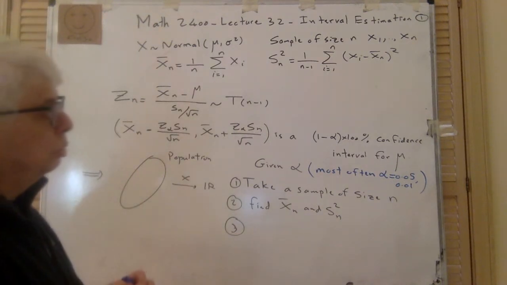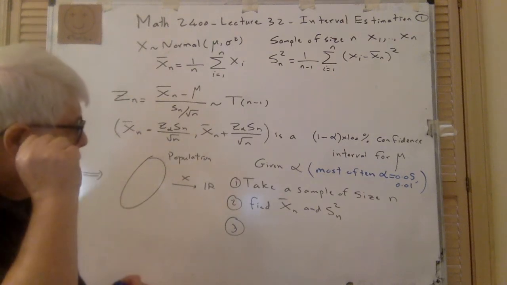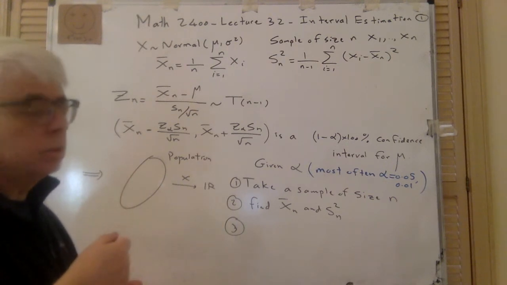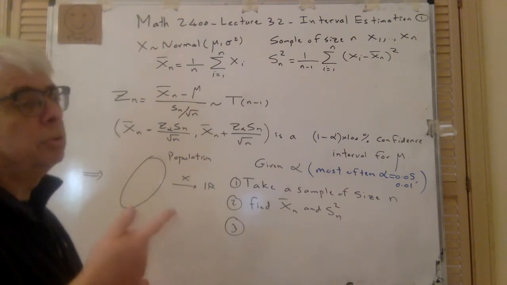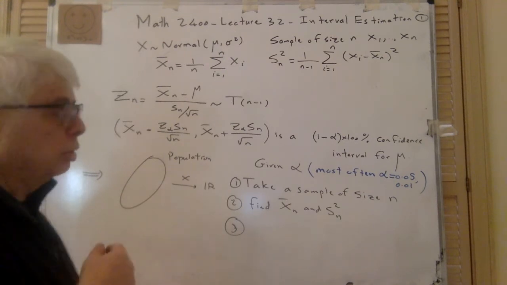Okay, so that first one will be the 95% confidence interval, where 1 minus alpha is 95%, and the other one is the 99% confidence interval.